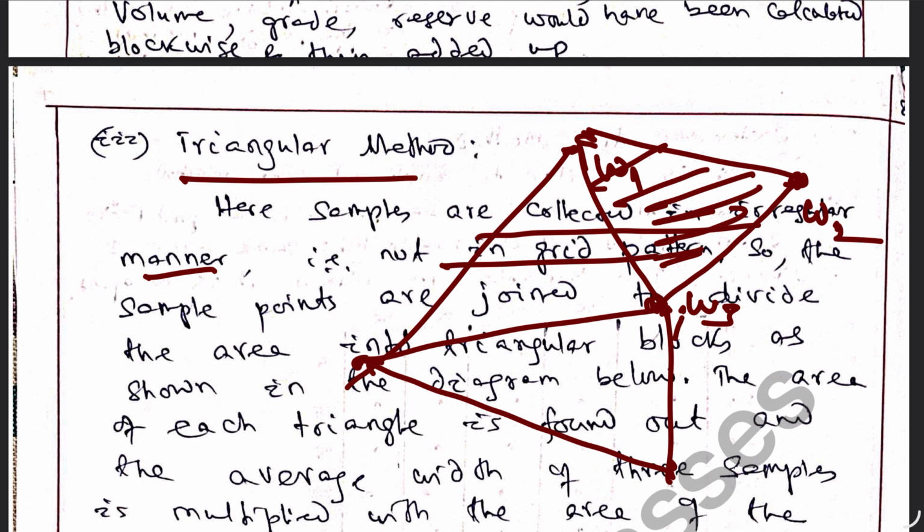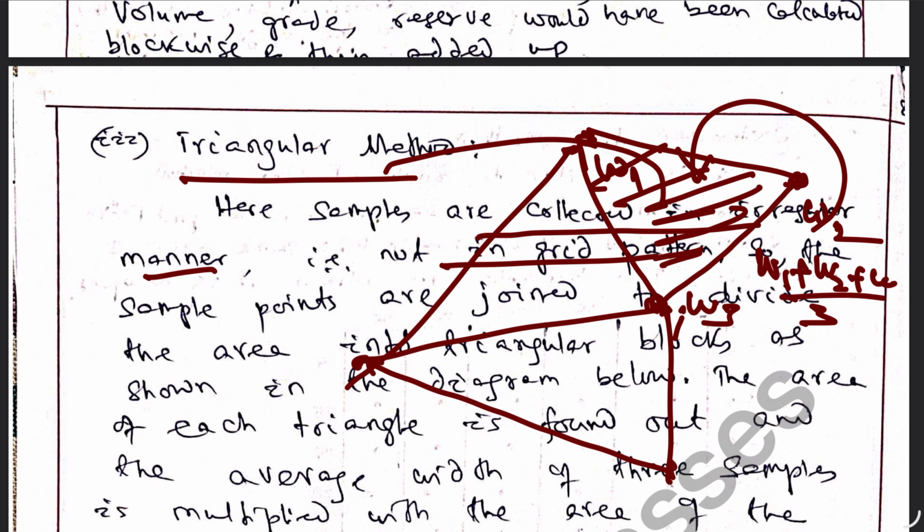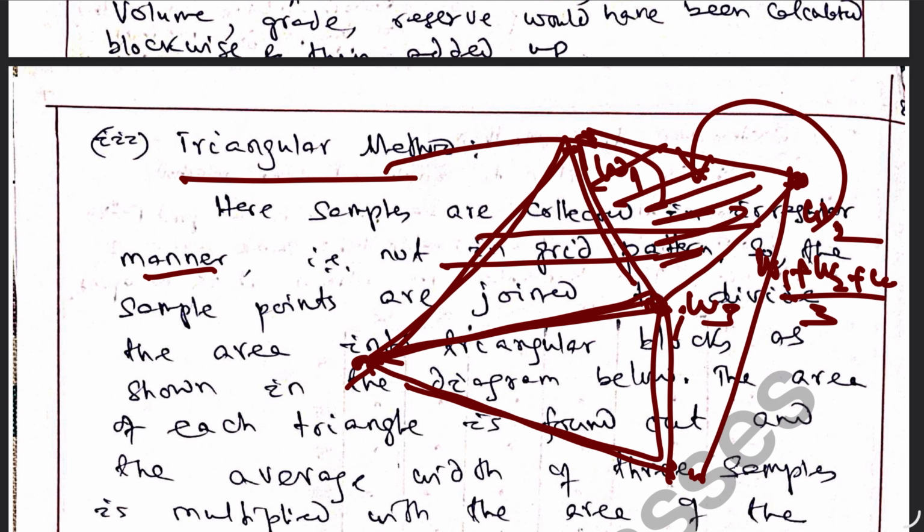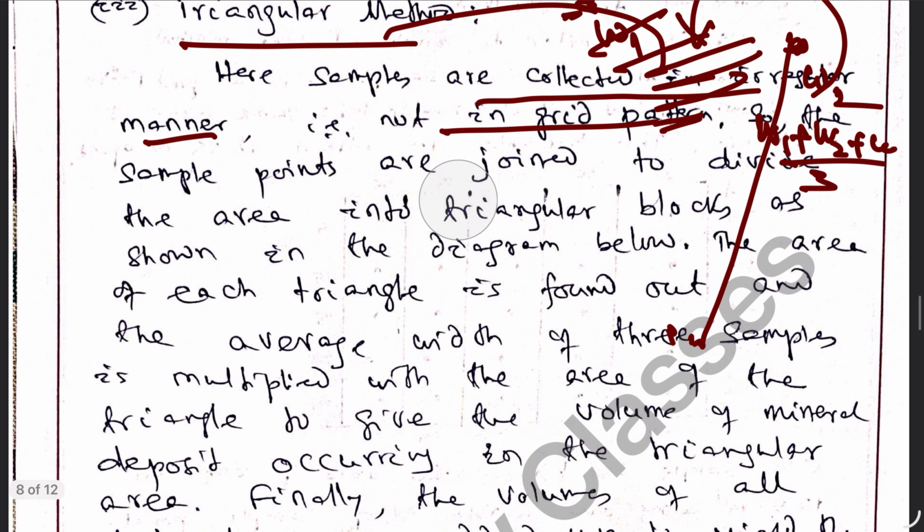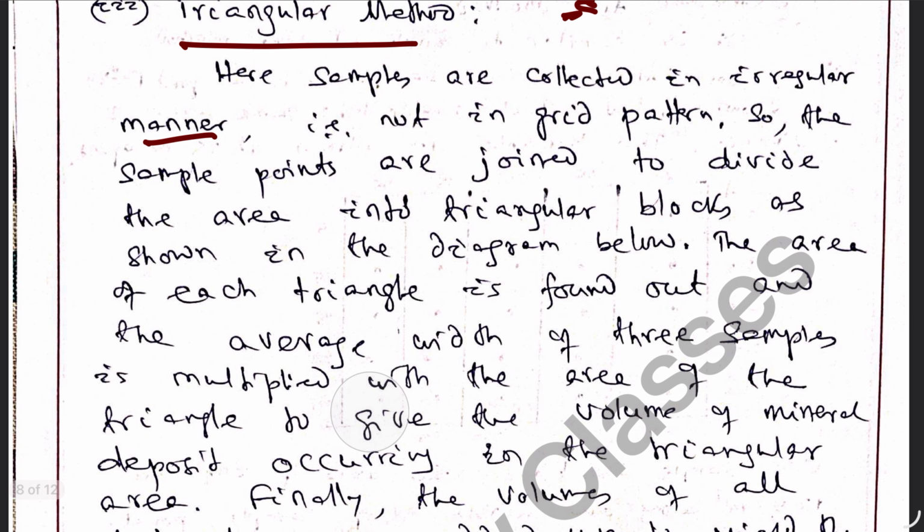Then the average width, W1 plus W2 plus W3 by 3, is multiplied with this area to get the volume of this block. Similarly, the volume of each block is obtained, and they are added to give the total volume. So this is the way how triangle method operates. That has been discussed here.